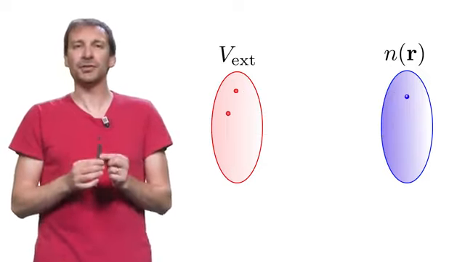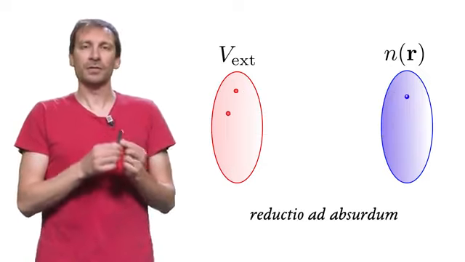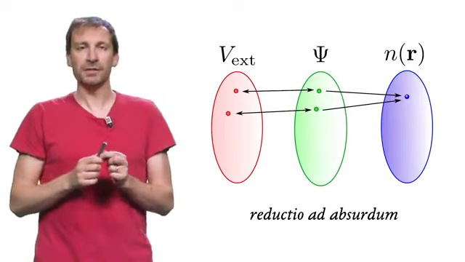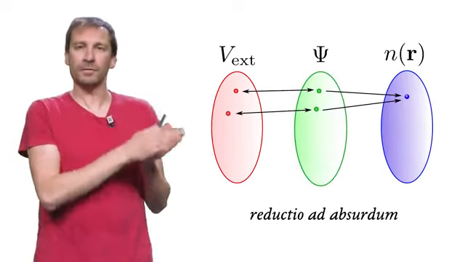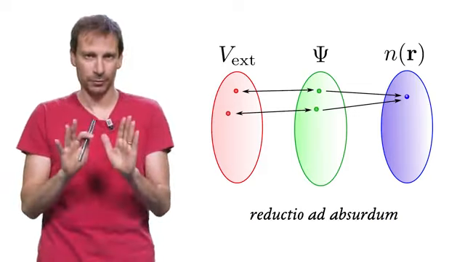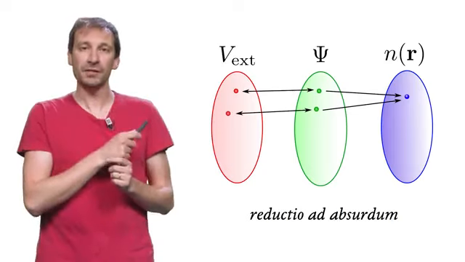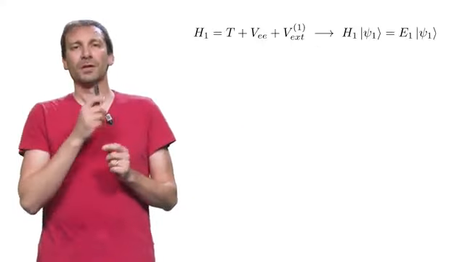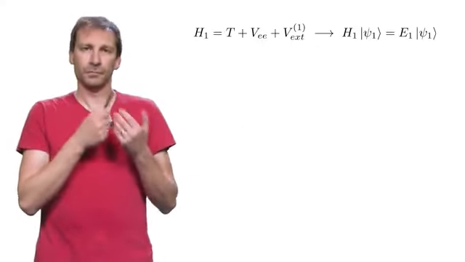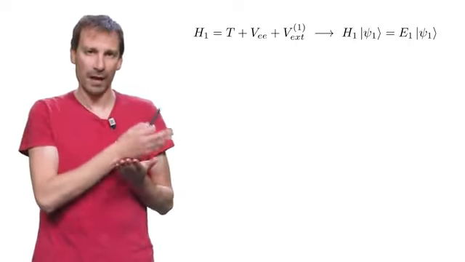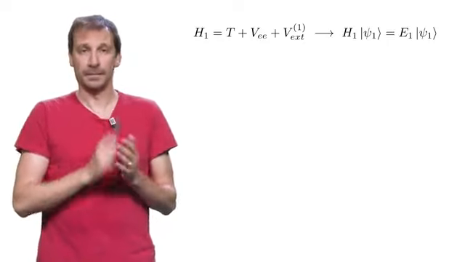Again, the strategy to prove this is a reductio ad absurdum. We have two different potentials that correspond to two different wave functions. And now we make the initial supposition, by absurdum, that two different potentials or wave functions lead to the same density. From the mathematical standpoint, with the first potential, we have the first Schrödinger equation that leads to the eigenvalue E1 and the eigenfunction psi1.